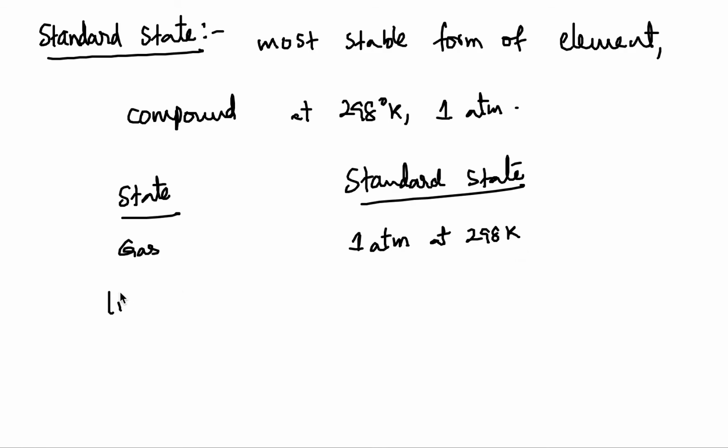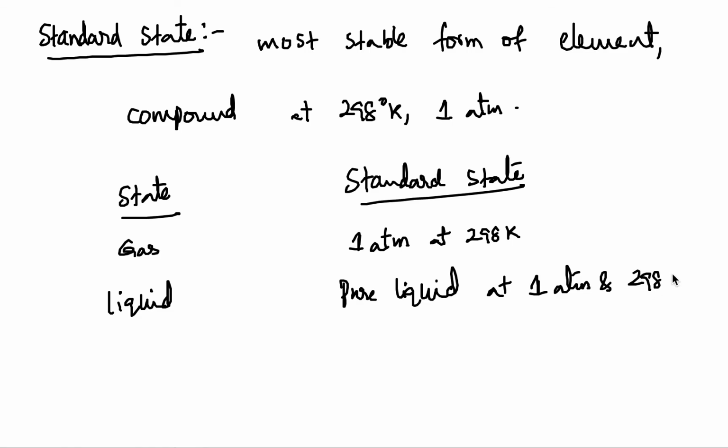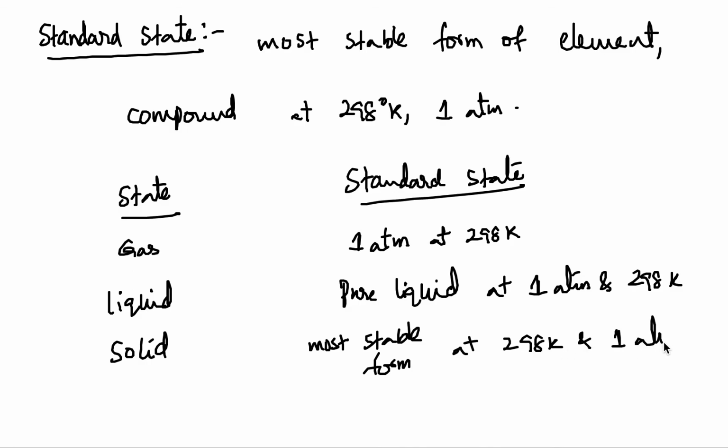And for a liquid, we must take the pure liquid, not an impure liquid, at 1 atmosphere and 298 Kelvin. For a solid, we must take the most stable form of the solids existing for that substance or that element at 298 Kelvin and 1 atmosphere.